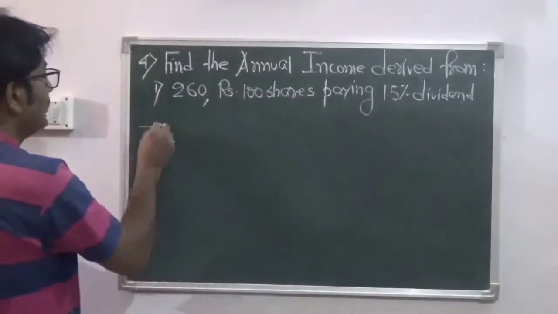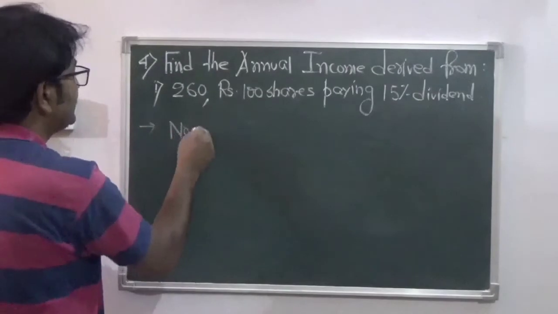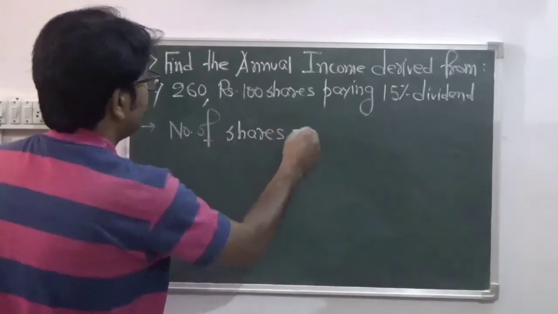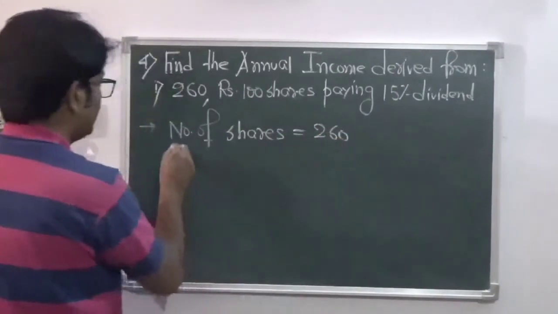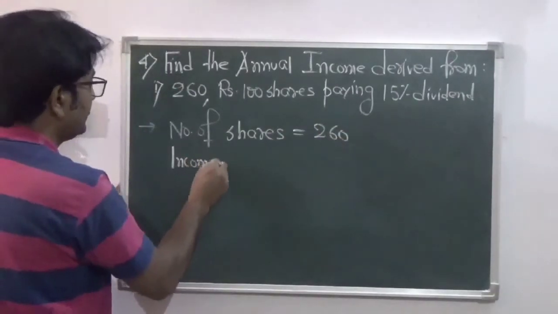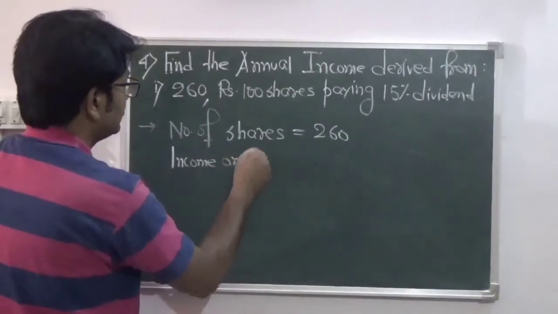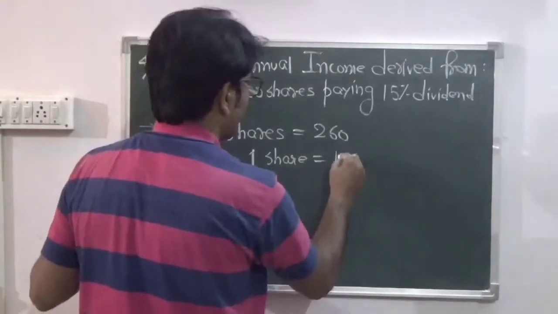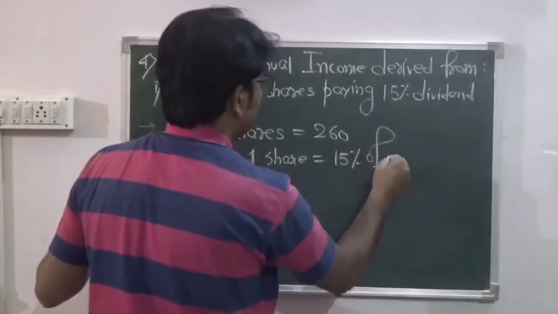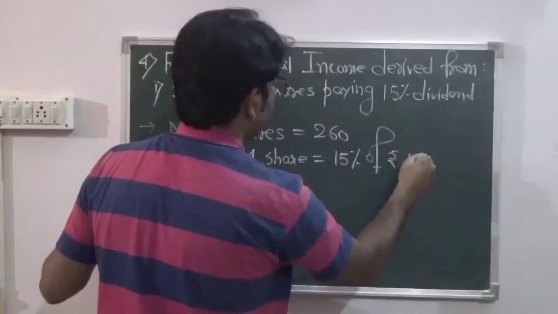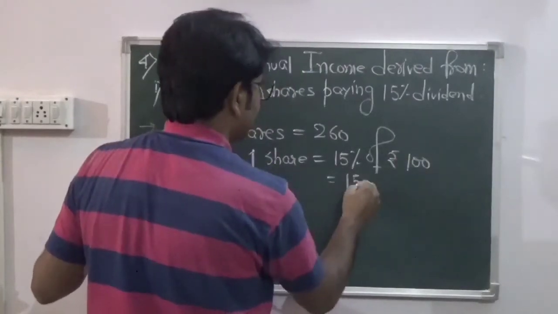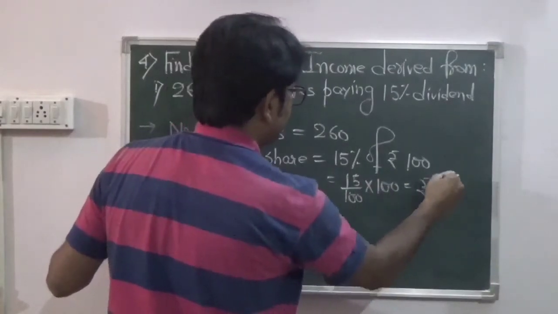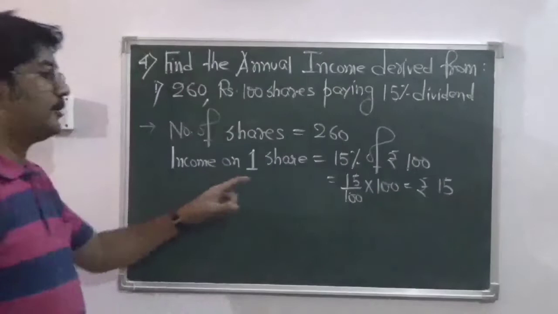So we can write here the number of shares is equals to 260, income on one share is equals to 15% of rupees 100, and that is equals to 15 by 100 into 100, and that is equals to rupees 15. So this is the income on one share.